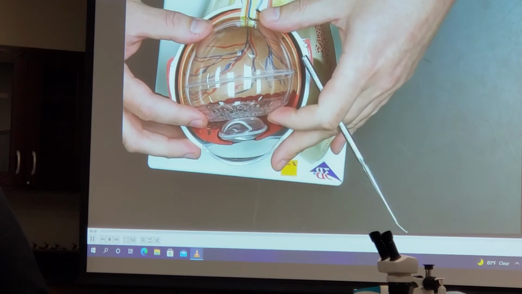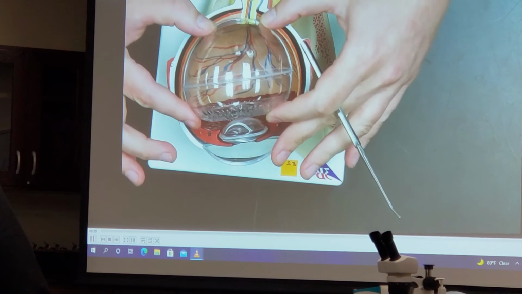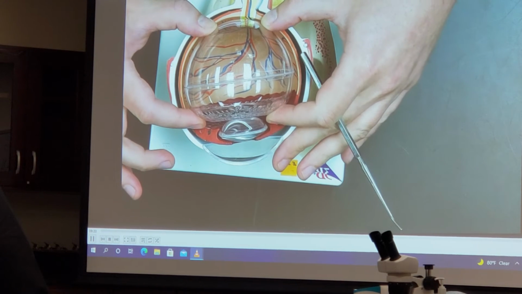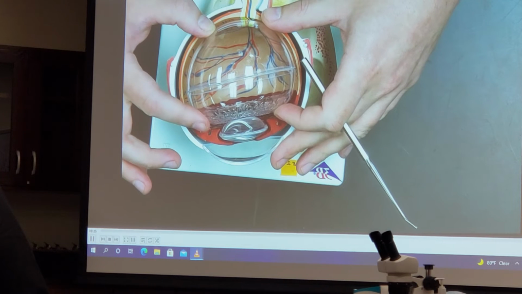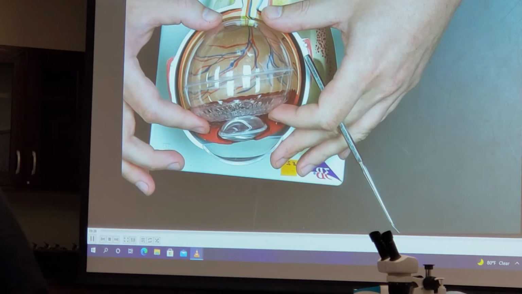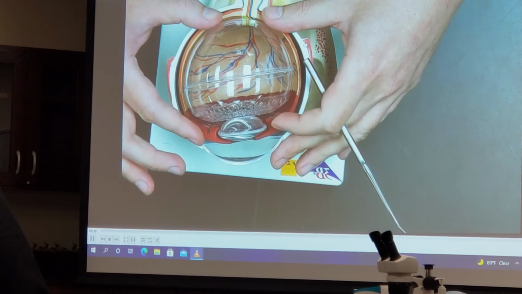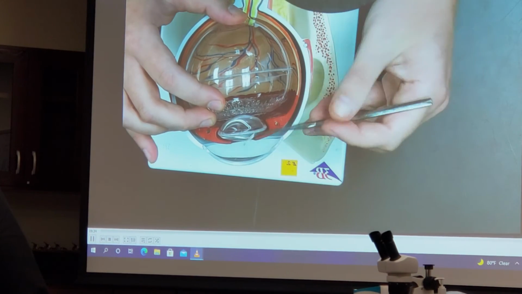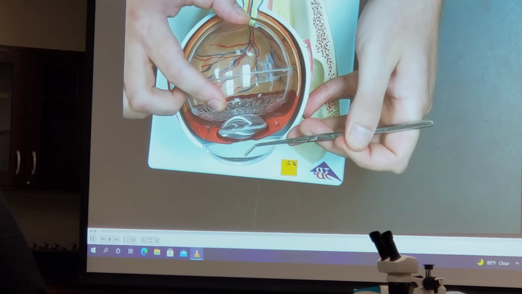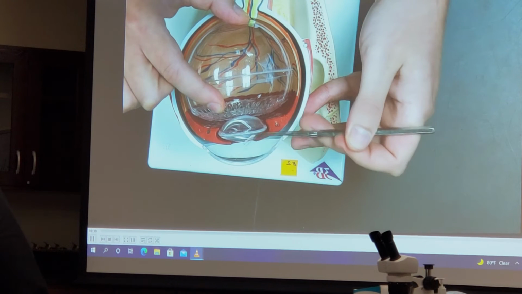This area is meant to denote where the vitreous humor is going to be, that more gel-like fluid that we'll find in the posterior chamber here, or posterior segment. In the anterior segment, there's going to be a different type of fluid, and that's going to be the aqueous humor.